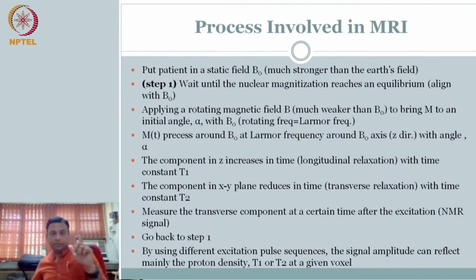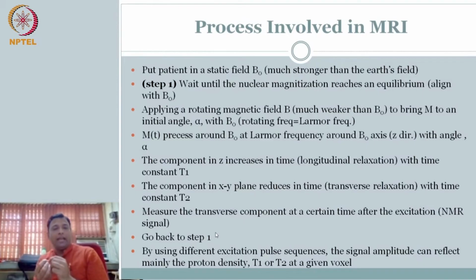And then here the steps talk about what happens if you switch off the additional excitation rotating magnetic field, while your static magnetic field is still there. Once you do that, what will happen? In the XY direction, it will start to become random, right?